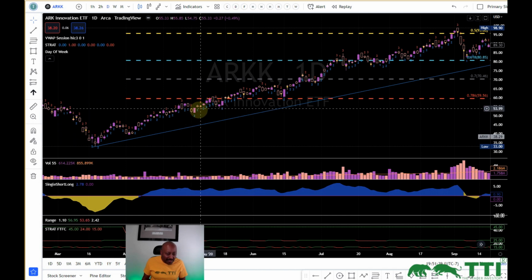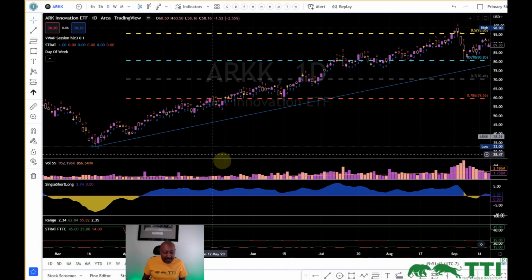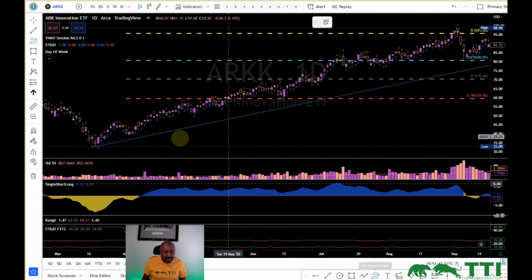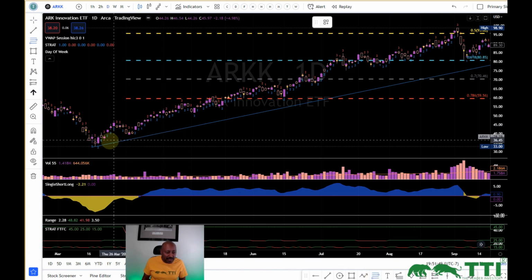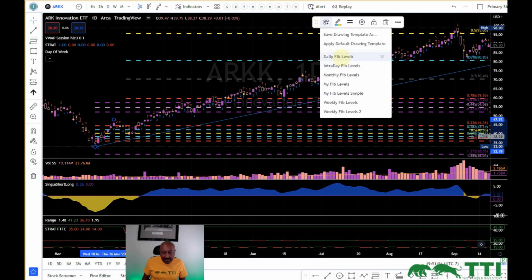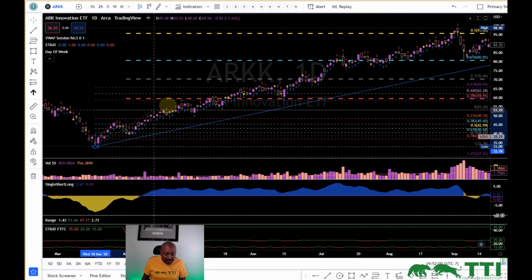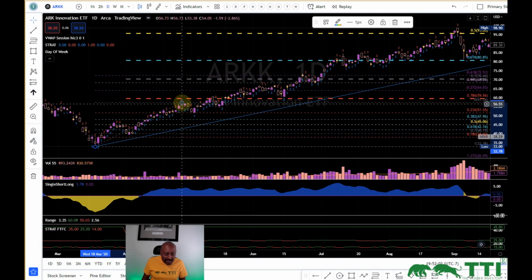Let's say you want to enter here. What you're trying to find is, first you have your Fibonacci retracement. So it's breached. So here is where we want to enter. So we've made this high and we're pulling back.